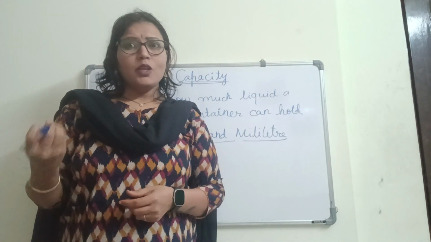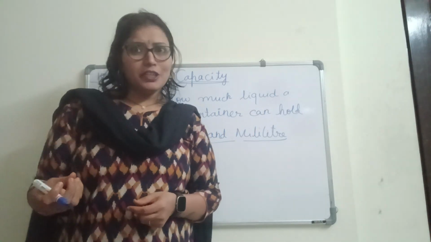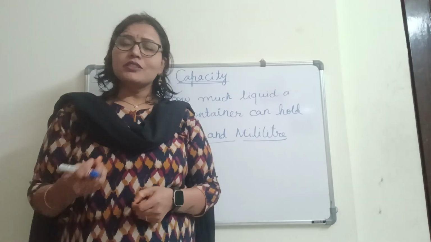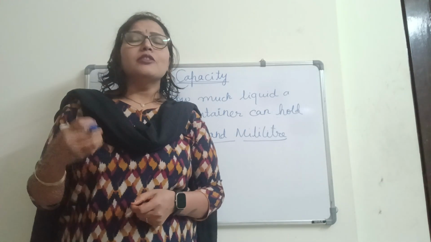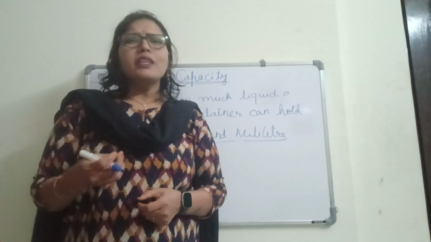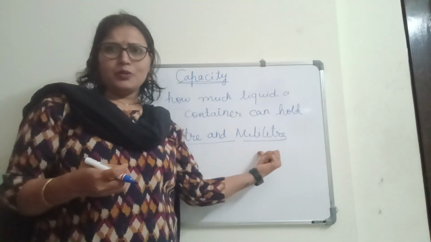Like when we bring oil, a 5 liter can or 1 liter packet, 2 liter packet, even curd, half liter, 1 liter curd, milk, curd, oil, petrol, these all are measured in liter and milliliter only.